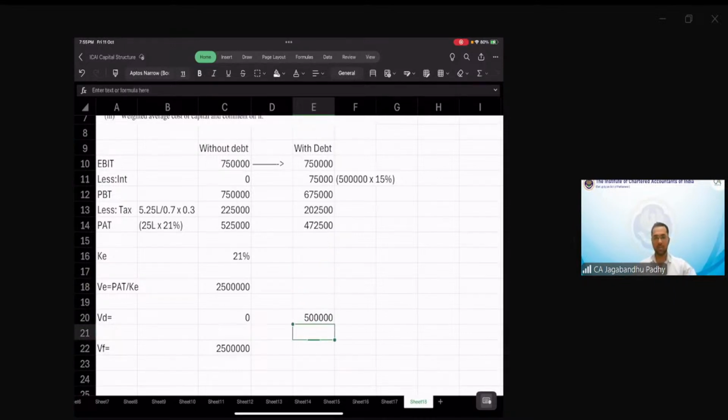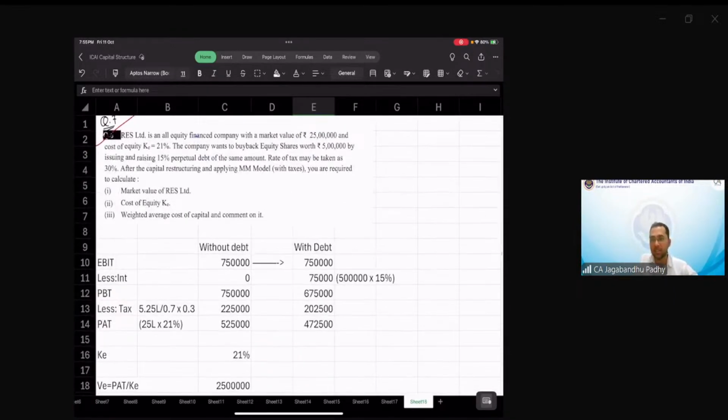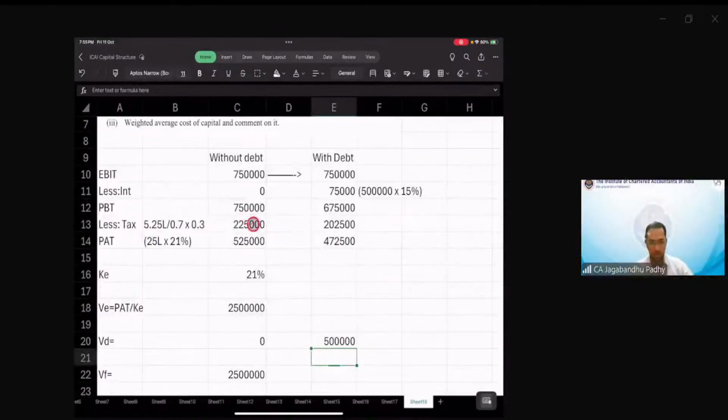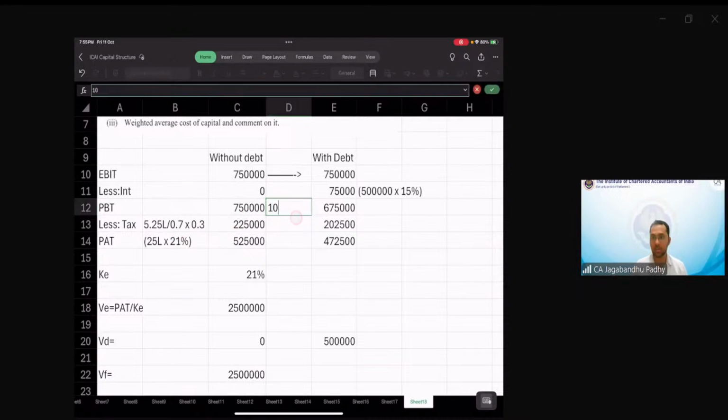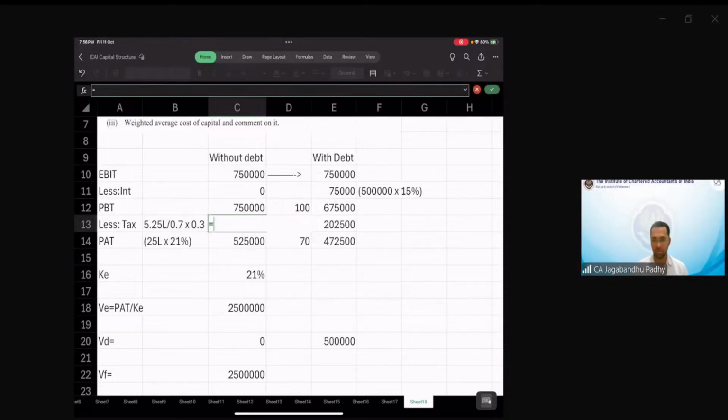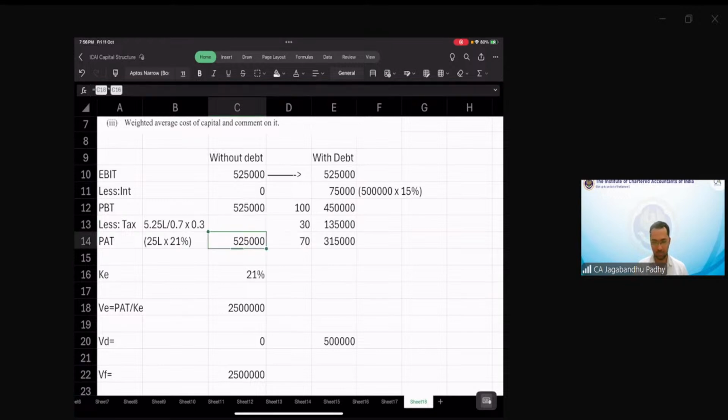Yeah, so since this is MM model with taxes, reverse calculation of tax. Your PBT is 100, tax is 30, this is 70. So you can simply do the cross multiplication, right?